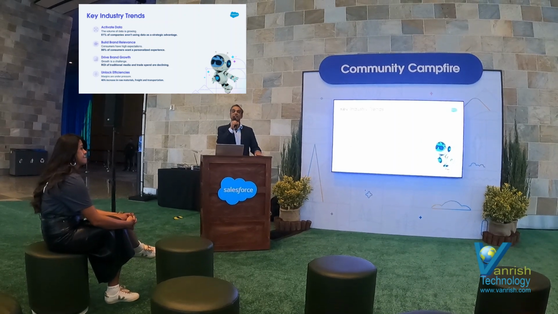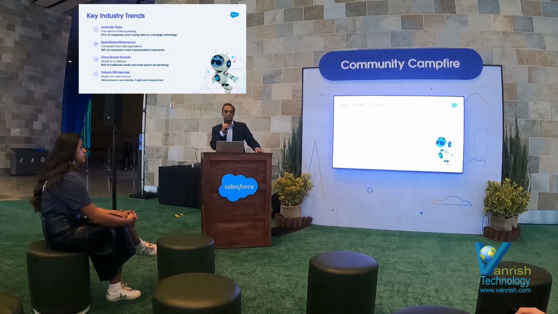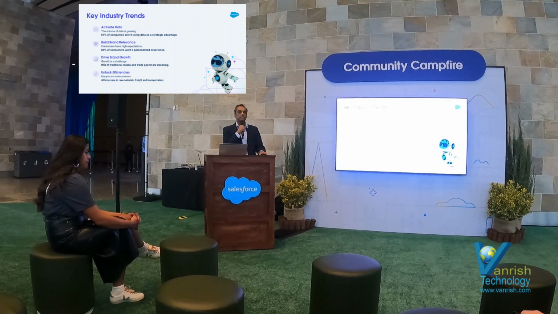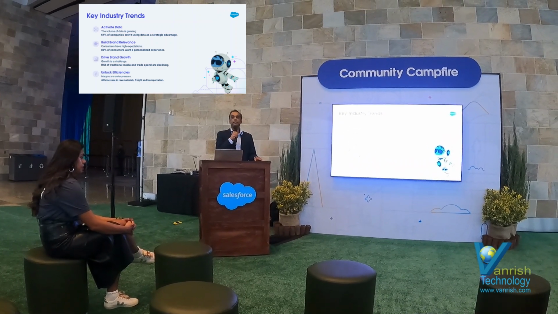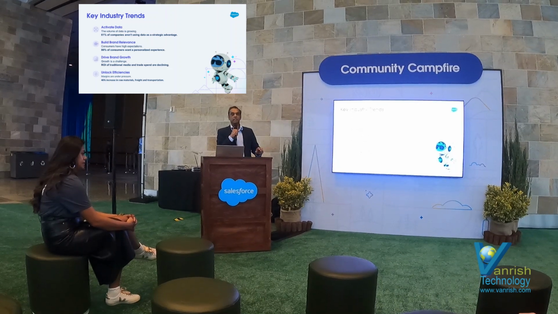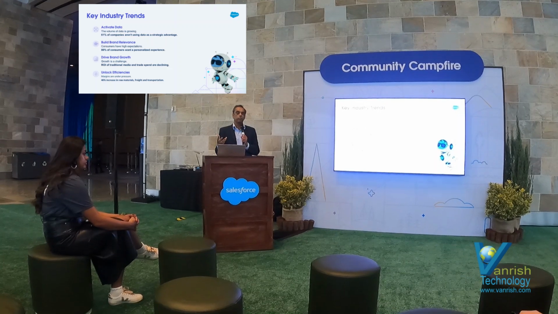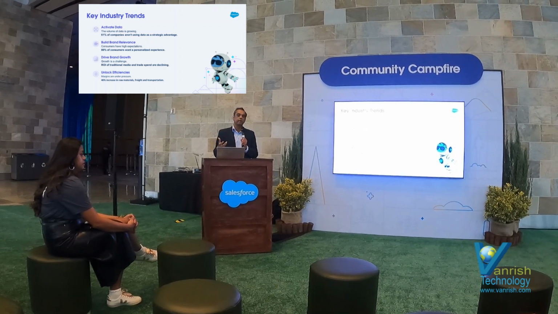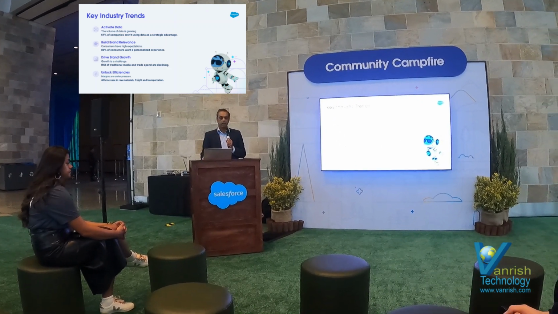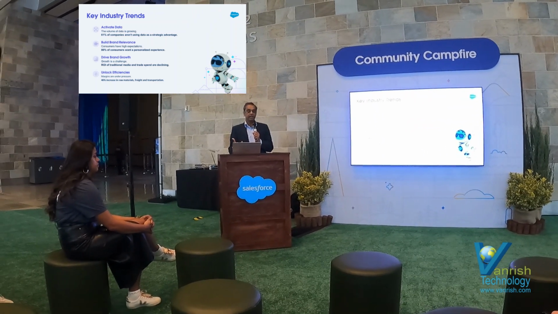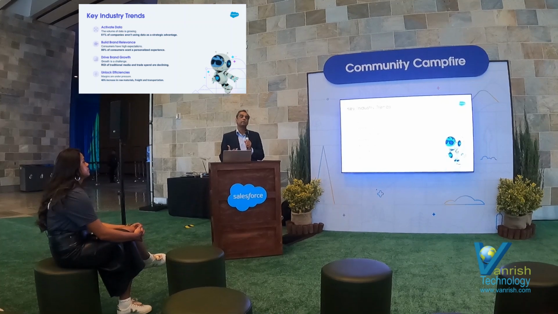So currently, what are the key trends? First, how we can activate our data. That is a very big challenge because some of the data is residing in old systems which you cannot pull from easily. You have to build some kind of custom code to get that information. Second, build their brand and relevance to the industry.